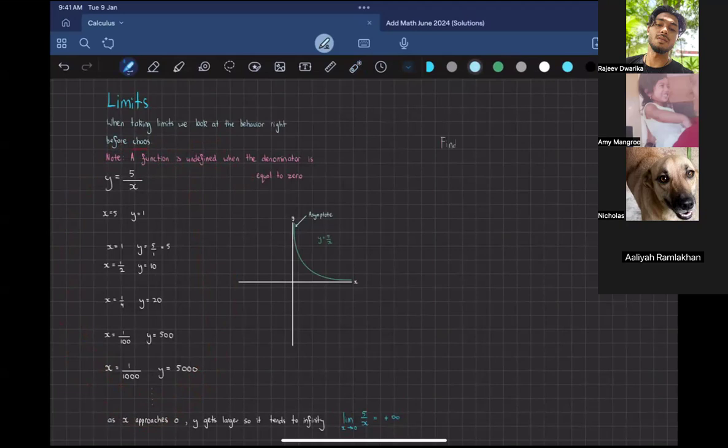Find the limits of the following. Now, this is really a pure maths topic, but CXC decided to squeeze it into maths. But right now, that's hard.